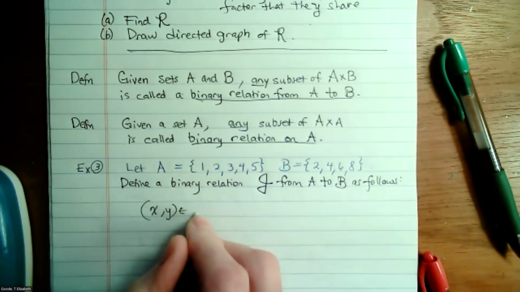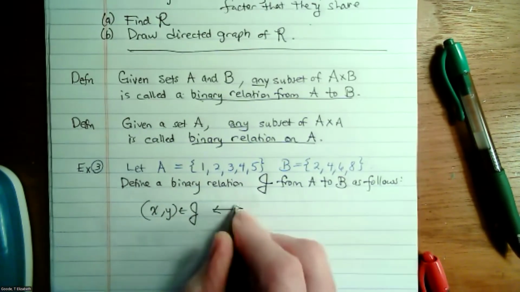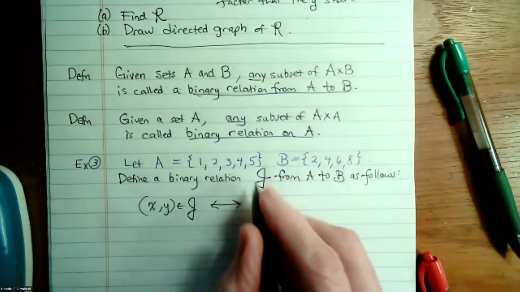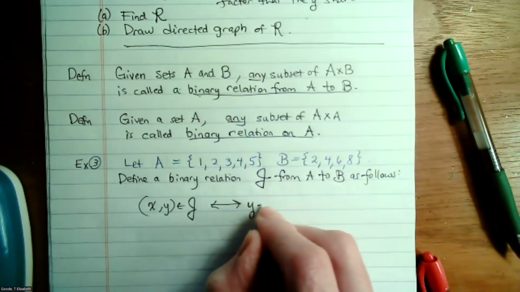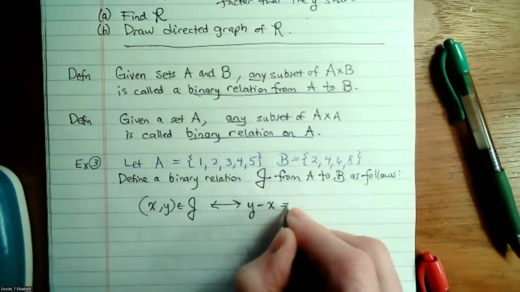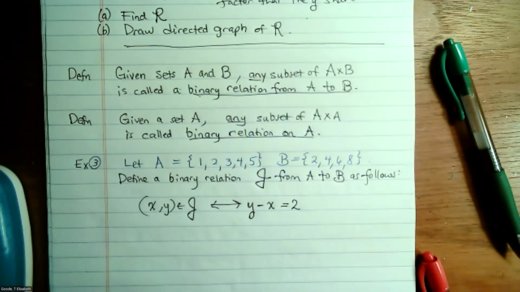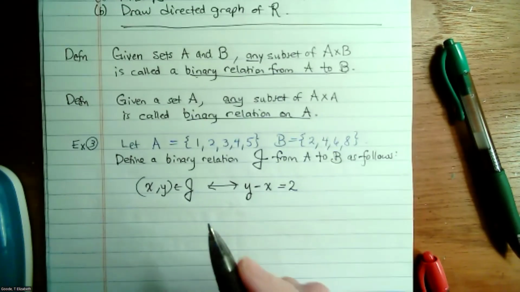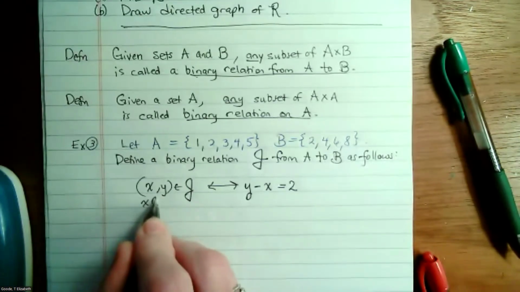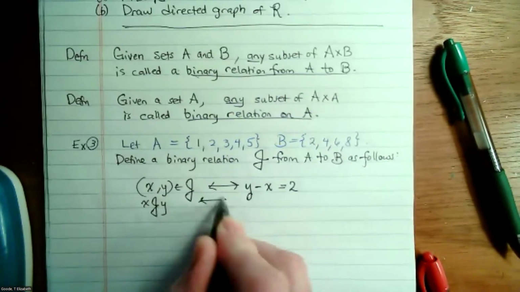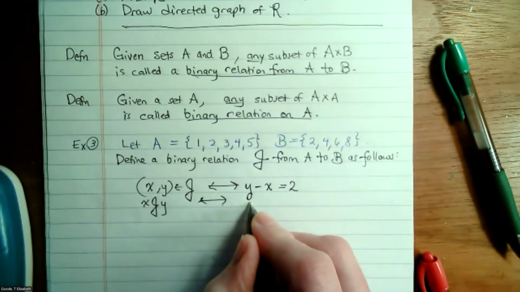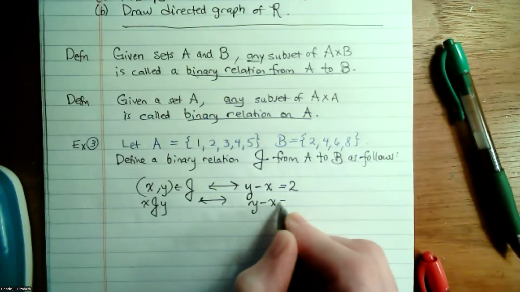XY is in J if and only if Y minus X equals 2. In other words, X is J to Y if and only if Y minus X equals 2.